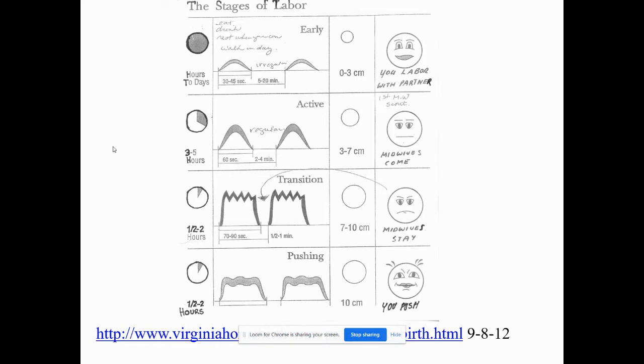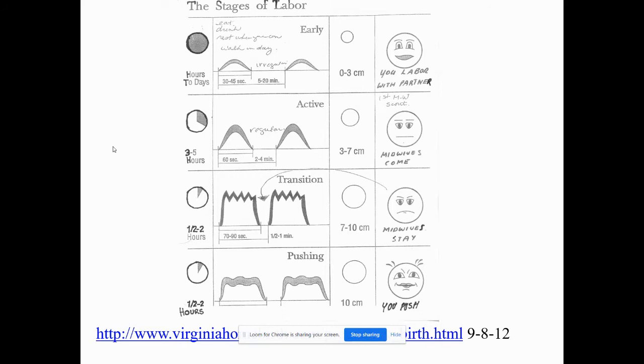They last 30 to 45 seconds. They occur every 5 to 20 minutes, and they're irregular. And again, this is where the cervix is dilating from 0 to 3 centimeters, and the woman is typically at home trying to get some rest, maybe eating and drinking, resting when they can. Walking can help. But anyway, this is a diagram that's kind of a nice picture that guides you all the way through the stages.